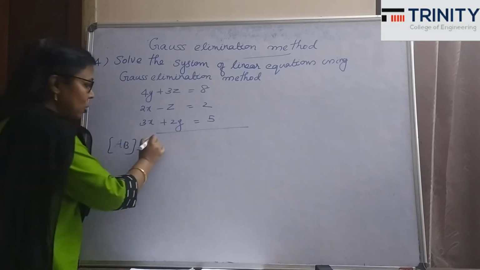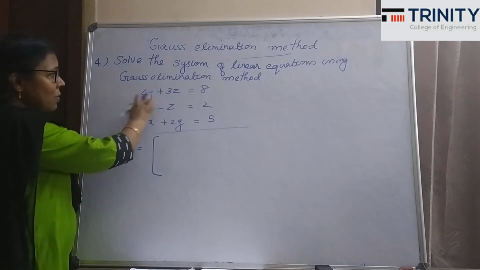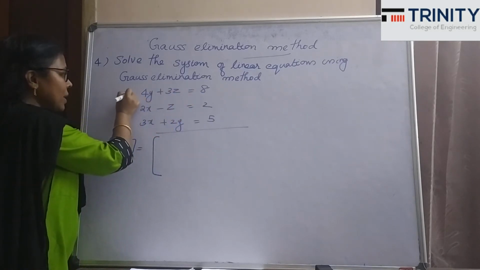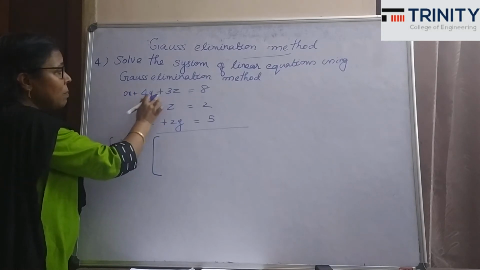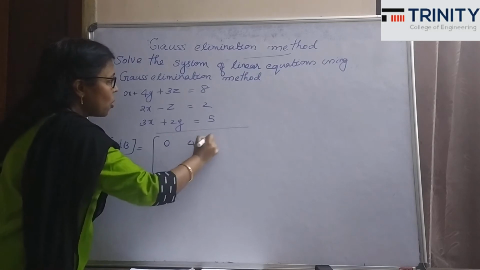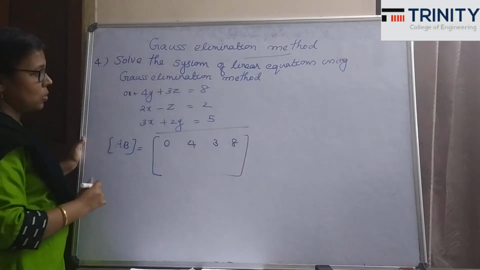Augmented matrix AB equal to matrix. Here in the first equation there is no x, that is 0x plus 4y plus 3z equal to 8, that is 0, 4, 3, 8 as first row.